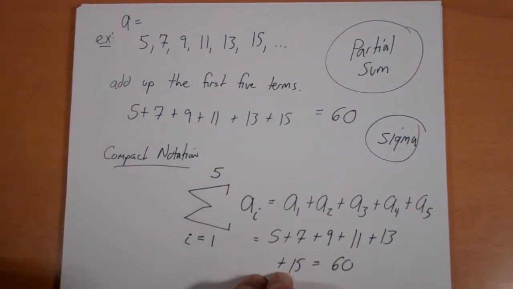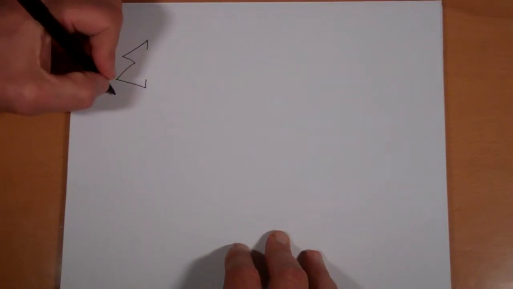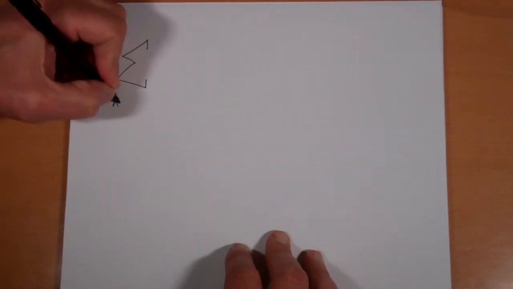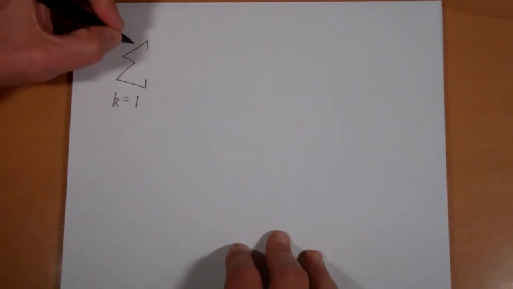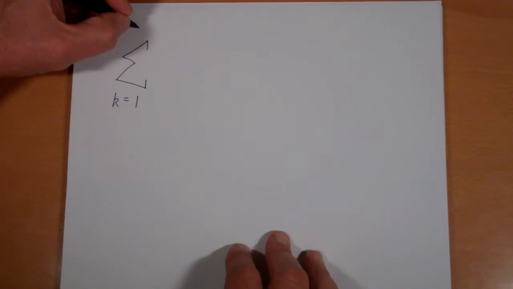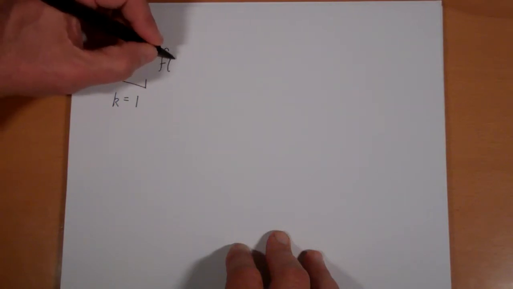Let's go over it again, more carefully. You have sigma, and here you have some kind of counter variable, k is equal to 1 to 7, say. And here you're going to have some type of function, f of k.